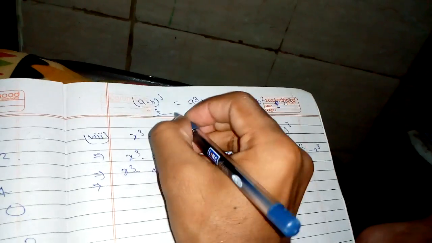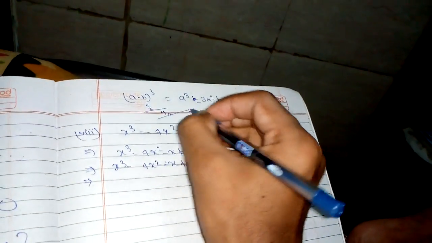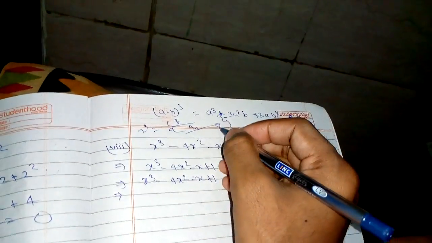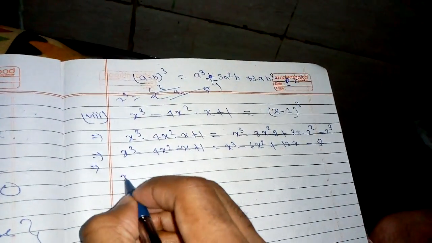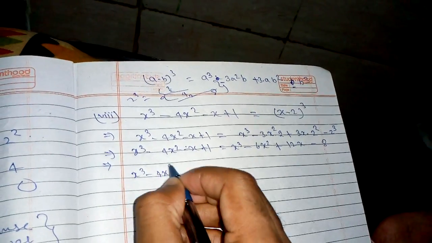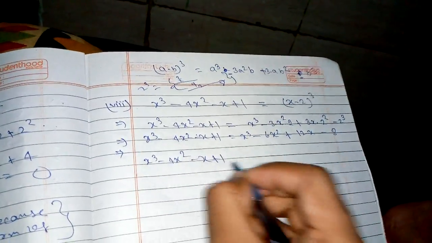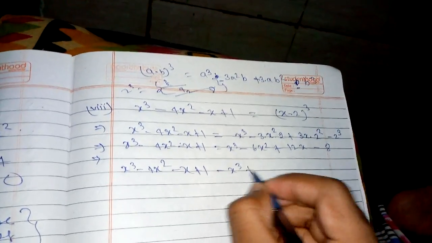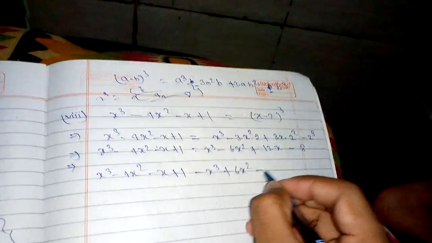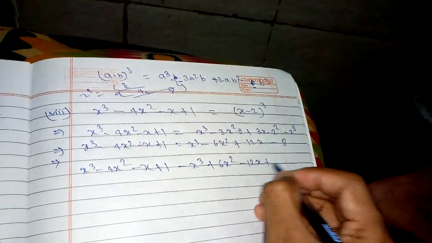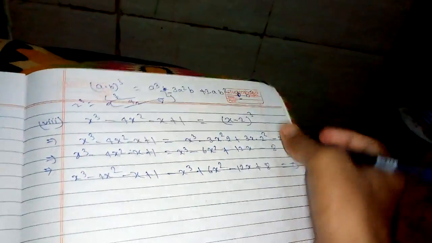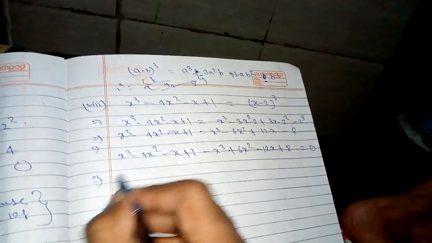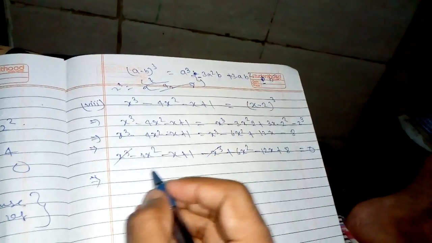If you want, I will write it here like this. 4 into 2 is equal to 8 here. Now here is no any change. Cross the border line. What will be the resultant? Minus x cube plus 6x square minus 12x, and minus 8 will be plus 8. Sign will be changed if you cross the equal sign. x cube cancel it out.